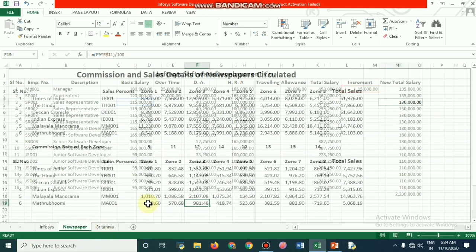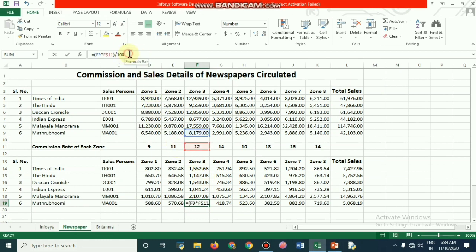And in this calculation, when you keep the change appearing linearly or in the horizontal cells alone, look here, dollar sign is given in front of the 11, or in the 11th row only. So even though there is a change, the change occurs here alone. So that is known as mixed cell referencing.